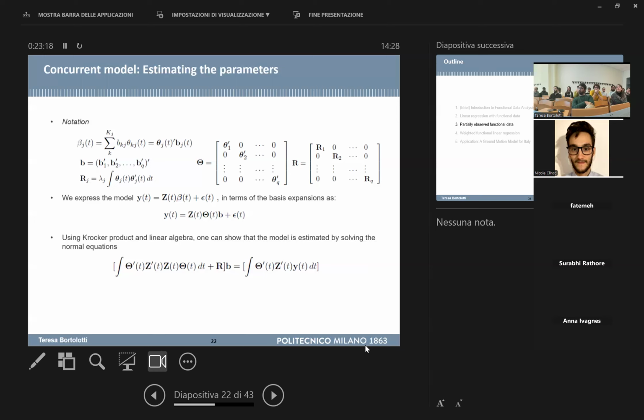So you invert this quantity, you evaluate this quantity, and you find B. If you have some reminiscences from statistics 101, this is the solution of the coefficients for the linear regression model, just extended to the functional setting. All right.